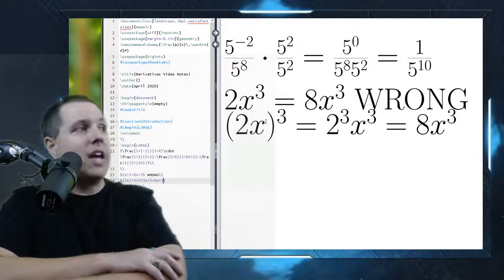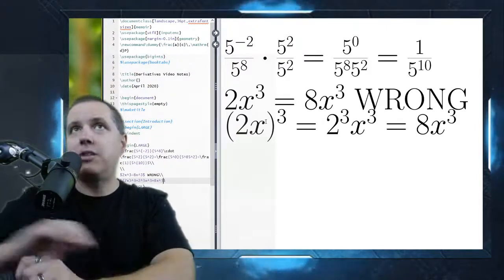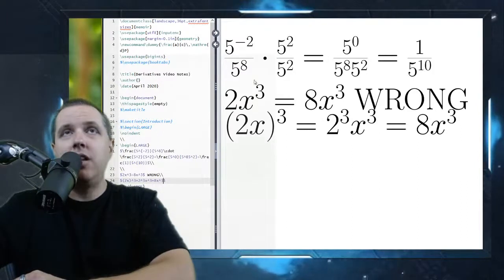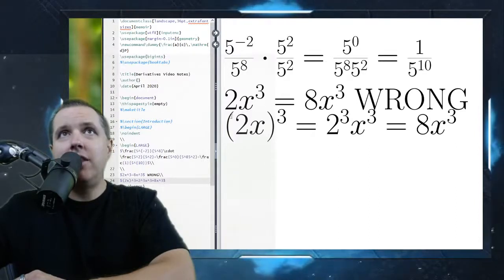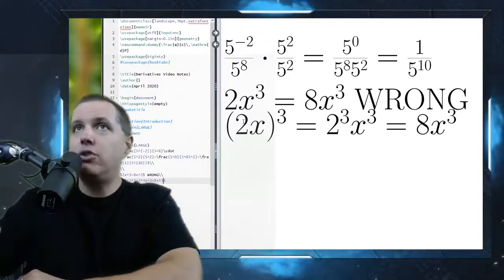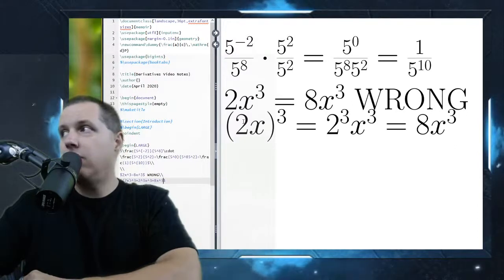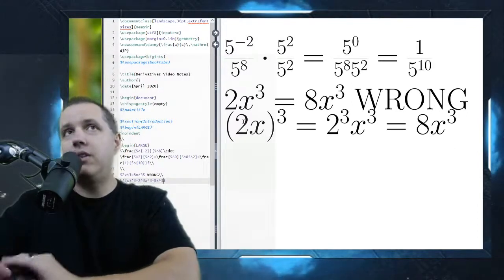So you always have to ask yourself, what is the scope of the exponent? Here, the scope of the exponent is only the x. It's only applying to the x. Down here, the exponent is applying to everything in the parentheses, which includes the 2. Okay? So, think about that.